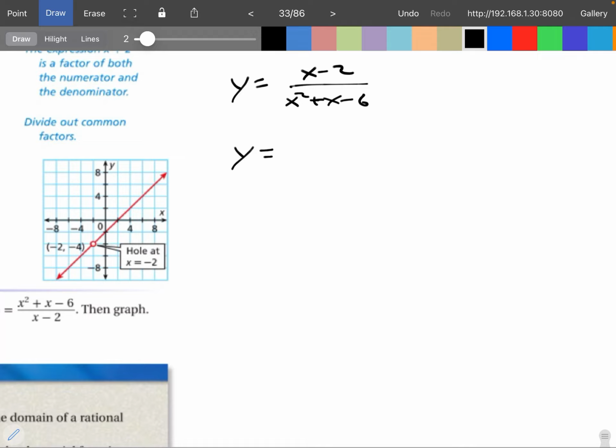And what we're going to do again to look for the holes is we're going to factor. So we're going to go y equals x minus 2. Well, we already factored that on the previous one, right? That same polynomial that's in the denominator factored into x plus 3 and x minus 2, right? So what cancels out, guys?